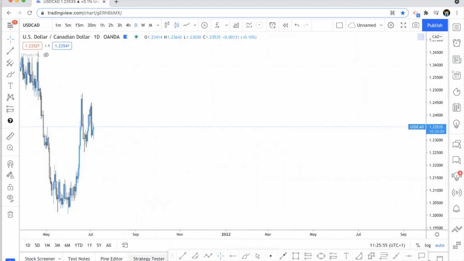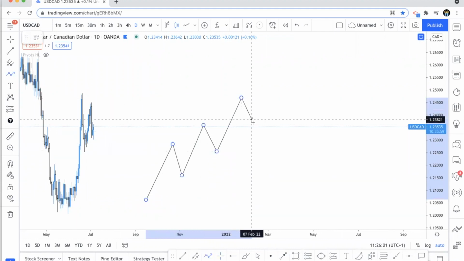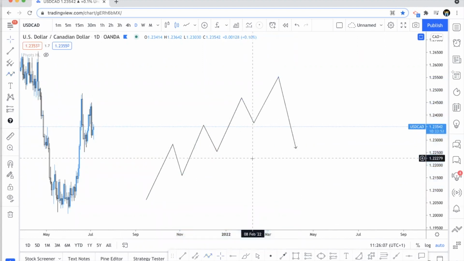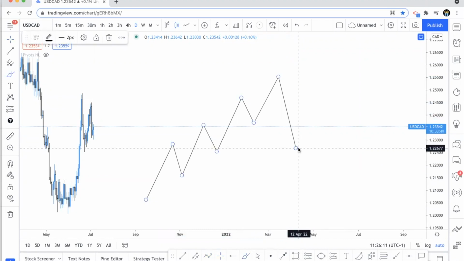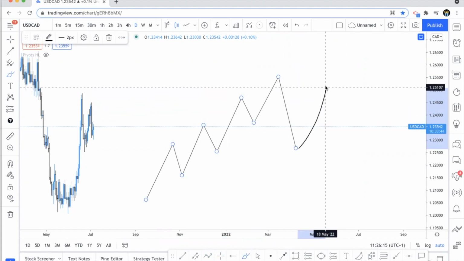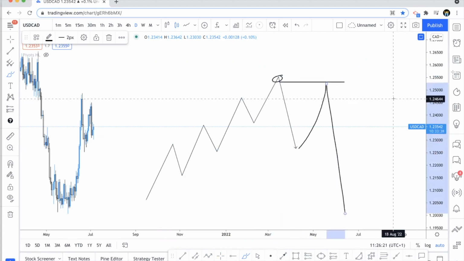So what mitigation is essentially is this: when price is pushing up like this, right, and all of a sudden the banks or the institutions break below structure like this. Okay. And mitigation is just price coming back to an area like this to mitigate a buy before the major move comes back down.